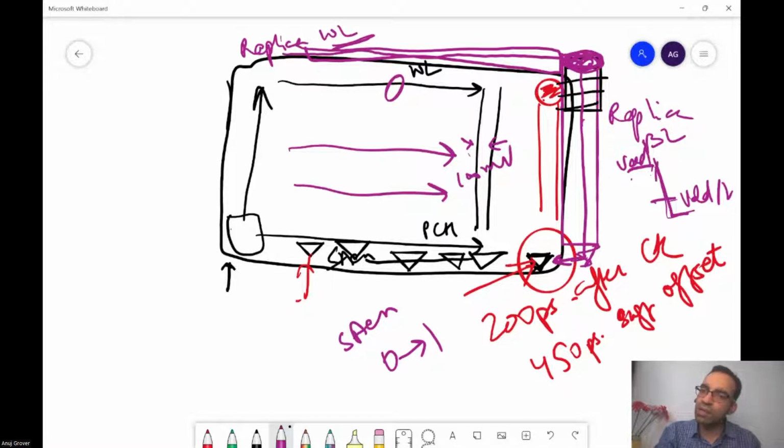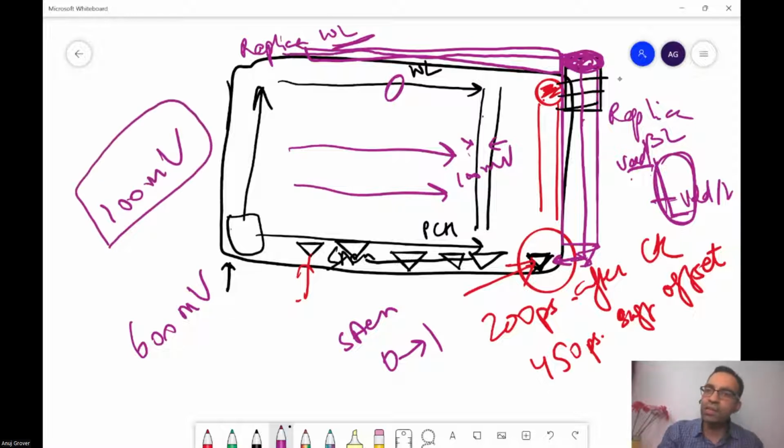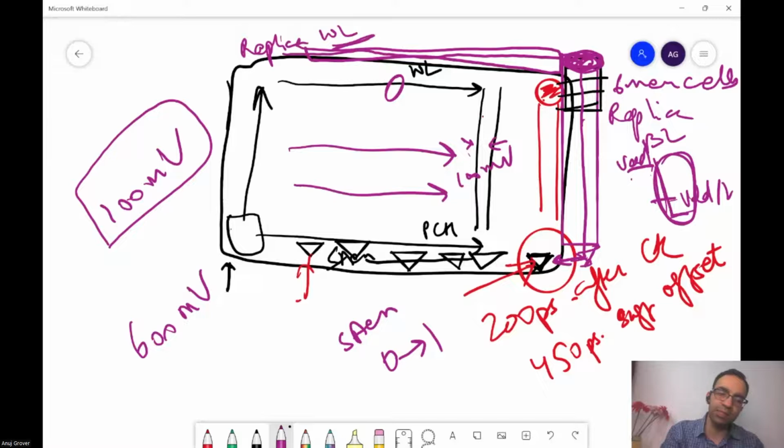Now, to be able to bring about this discharge of, let us say, 600 millivolts, when the actual bit line is discharged only by 100 millivolts, you need to select at least 6 memory cells here. Yes, sir. That is why multiple cells are to be selected.